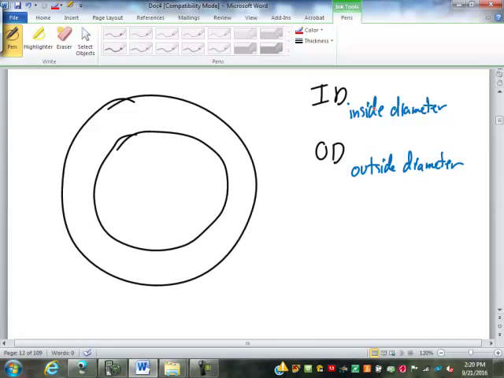Okay. So for this pipe, we have an outside diameter, an OD, of 1.875 inches.